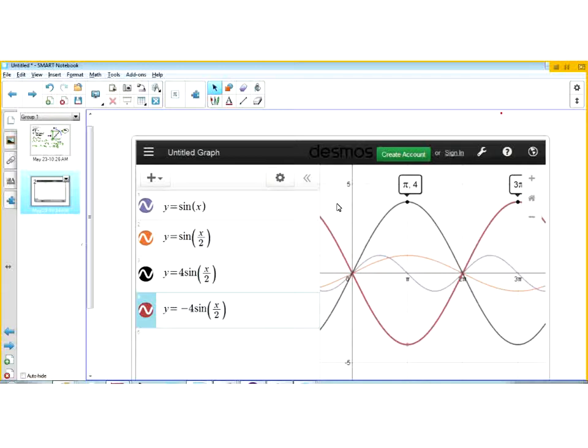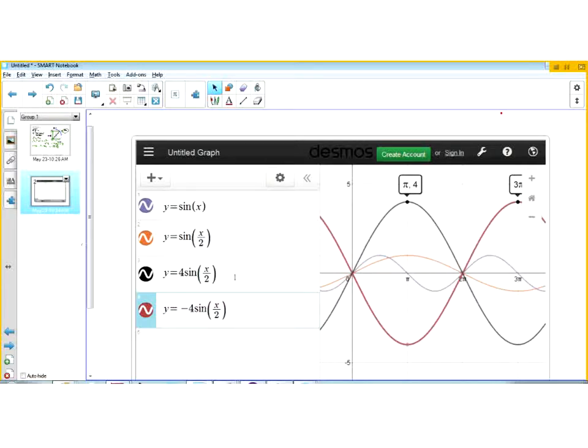Then you would next proceed to do y equals sine x over 2 by doing the horizontal stretch, knowing that you can just use the reference points t equals 0, t equals pi, t equals 2 pi, 3 pi, and so on. And then possibly, if you want to get more sophisticated, you can use the reference points at pi halves, and then you can kind of gauge the graph that way.